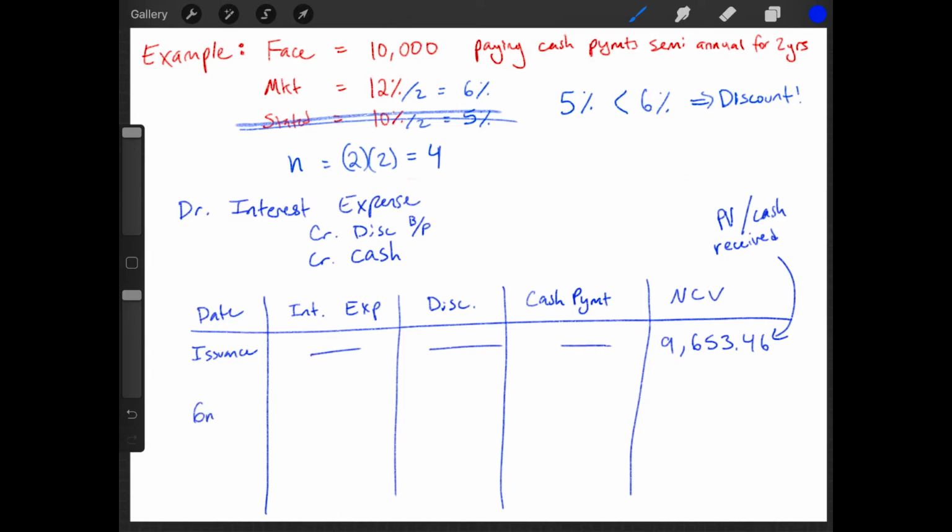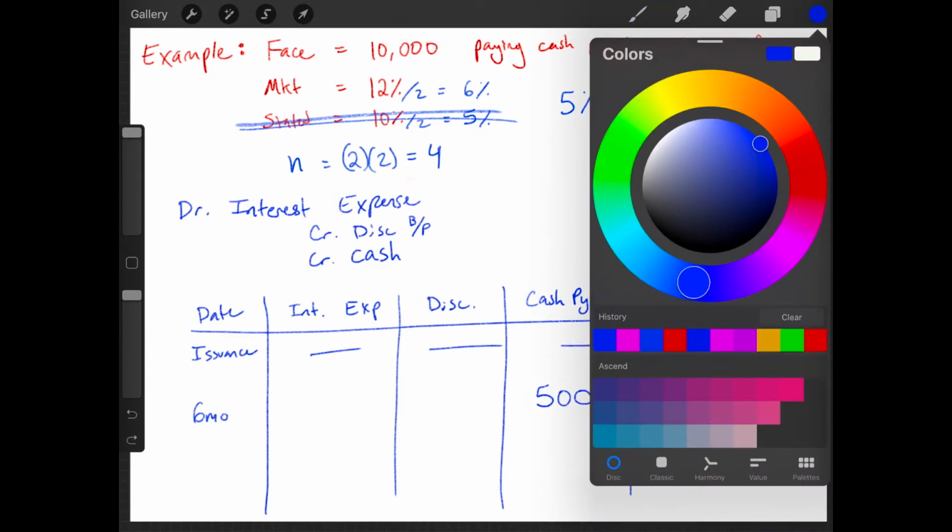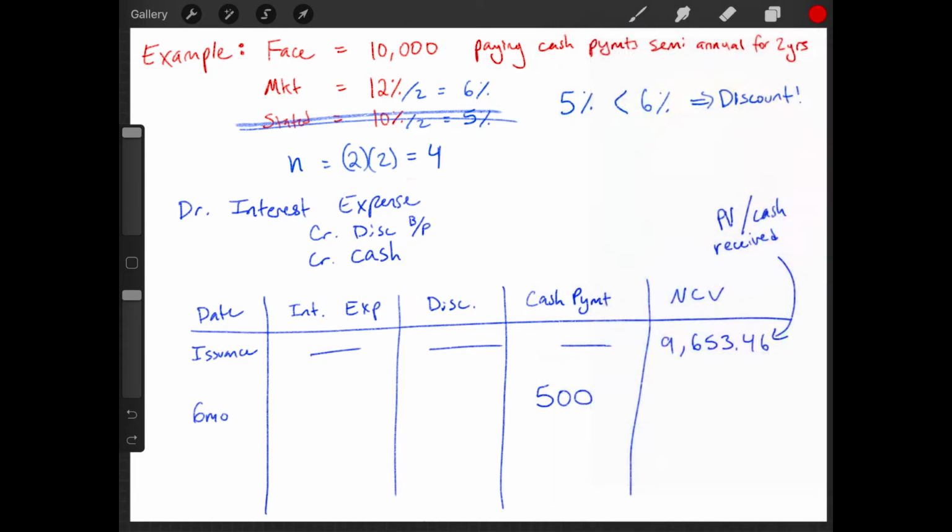Now, our first interest calculation occurs at the 6-month mark, and to calculate our cash payment, we've already done that. It's going to be that face amount times your stated rate, and our interest expense is going to be that net carrying value times your market rate, because we're only using that market rate moving forward in the question, right?